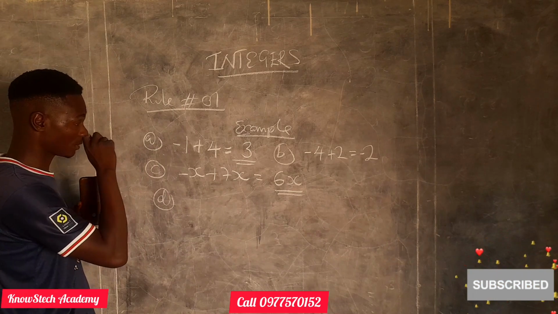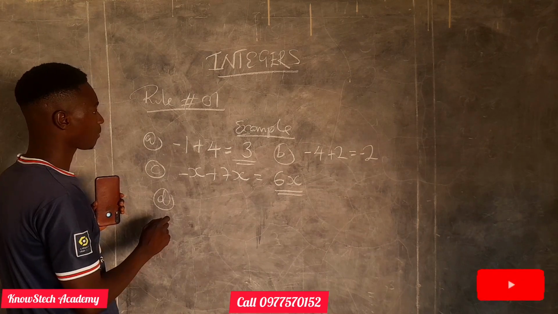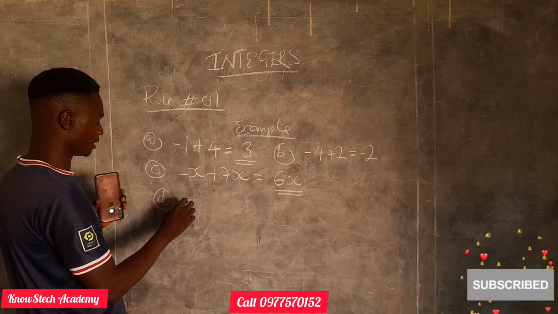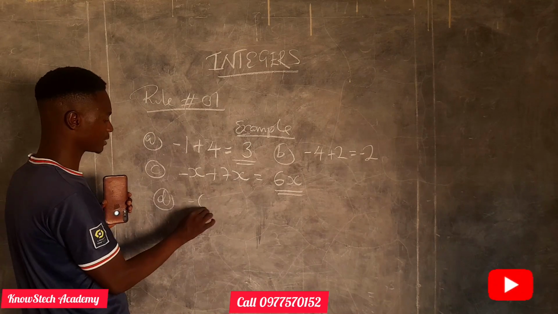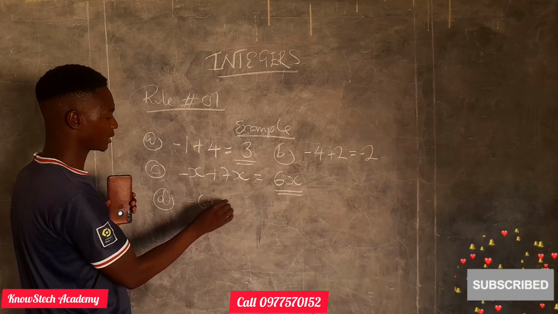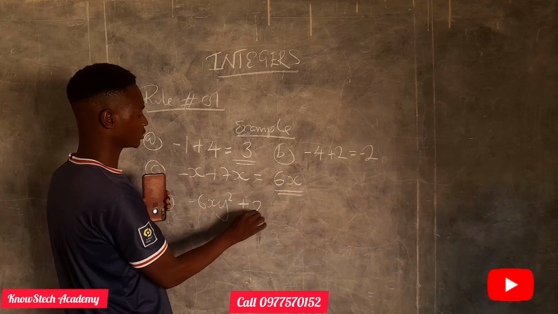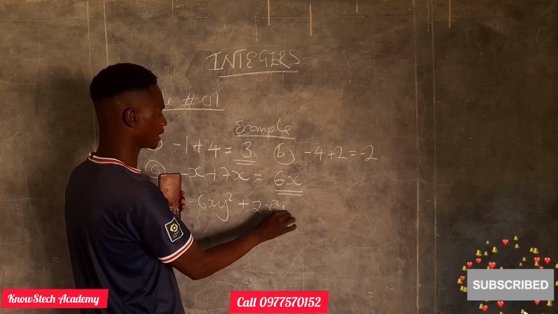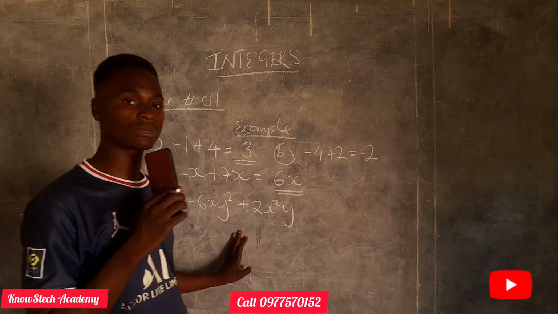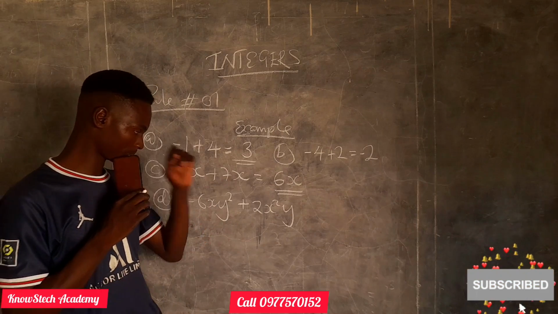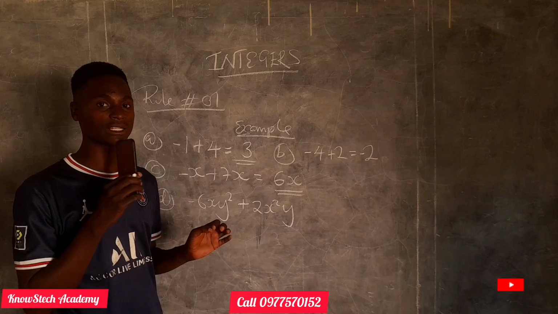Last but not the least, the first rule: when you are given -6xy squared plus 2x squared y, and asked to simplify, the first thing is to look for common factors.